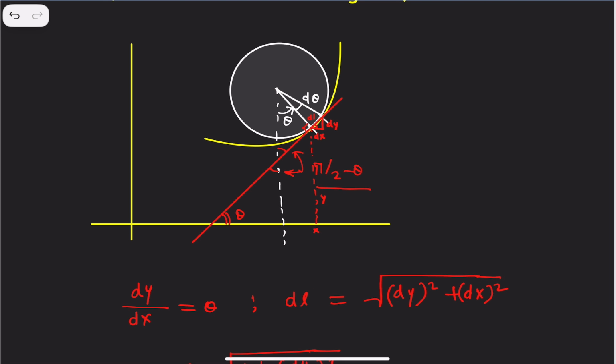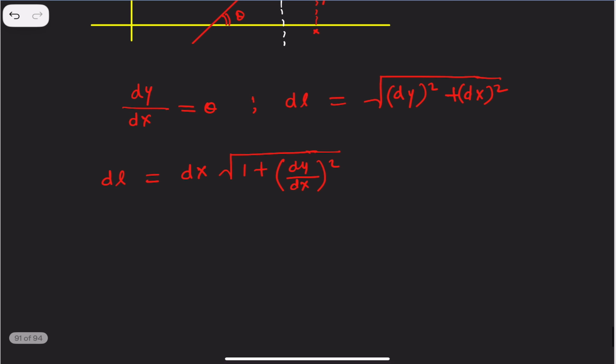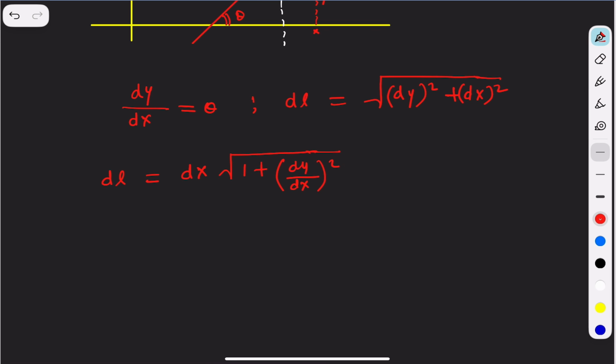So here the radius of curvature, rc, let me change the color. So rc into d theta will be equal to dl. So rc will be dl by d theta. I hope this is settled.